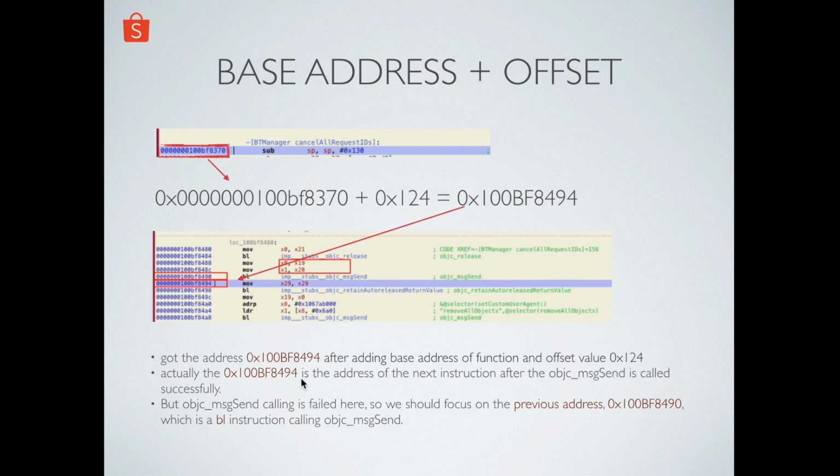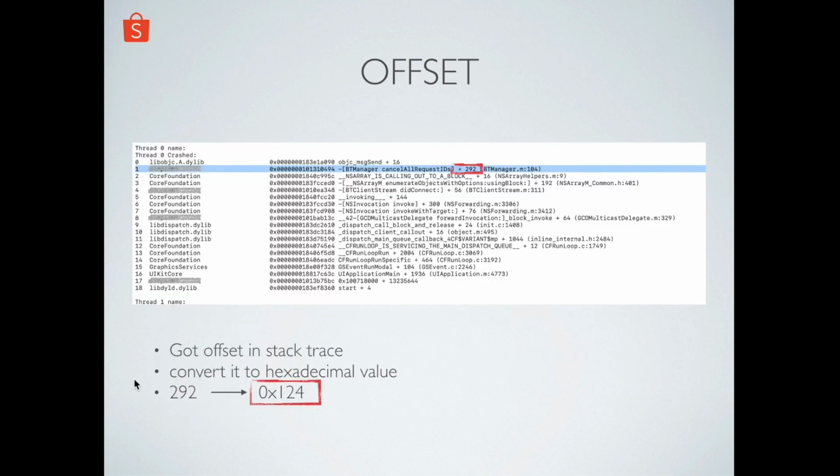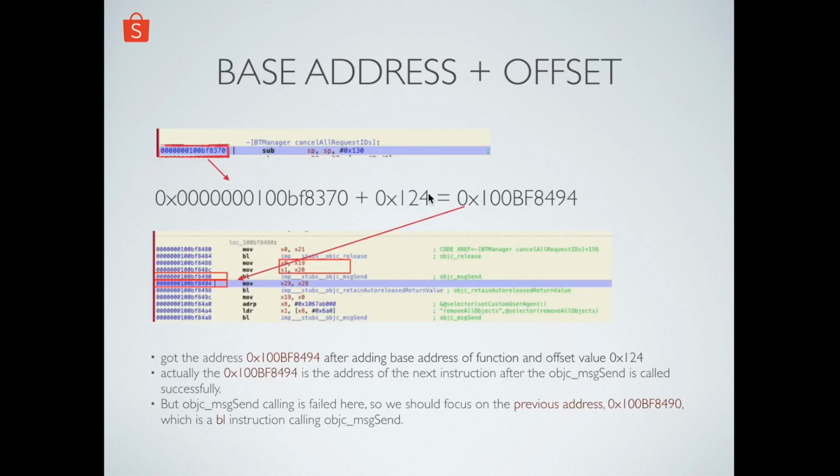We can get the base address of the function from Hopper, and we get the offset value from the crash report after we convert it into hexadecimal representation. After adding these two values, we got this address, 8494, and then we use Hopper to jump to the offset.